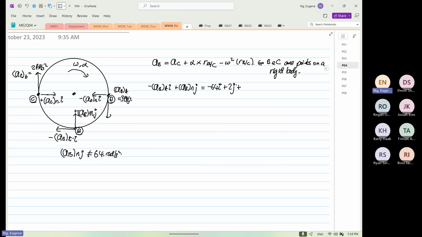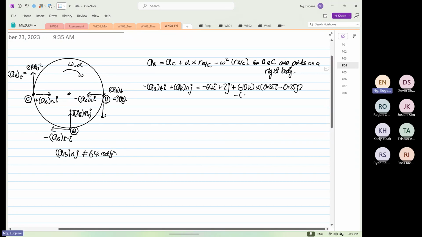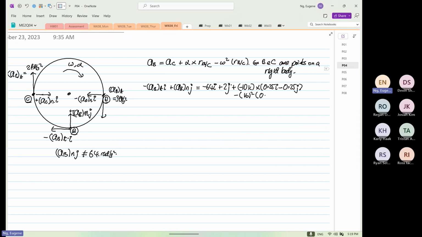So alpha is minus 10k cross rB from point C. Because the radius is 0.25, it's 0.25i minus 0.25j. Then we have minus omega squared, 16 squared, multiplied by 0.25i minus 0.25j.